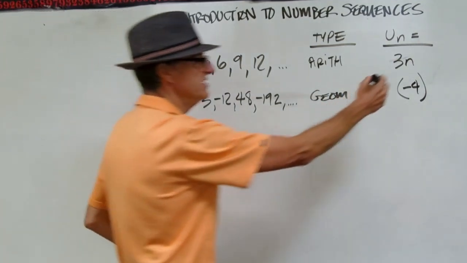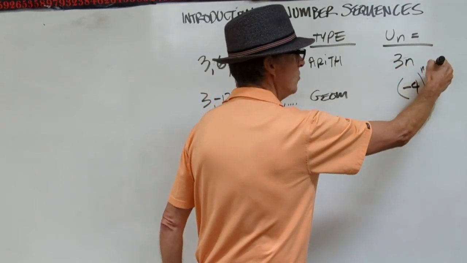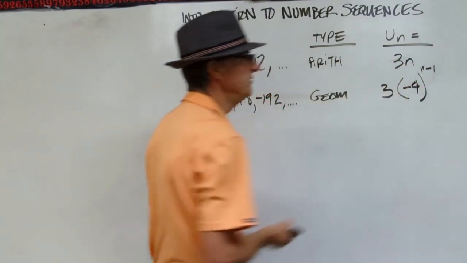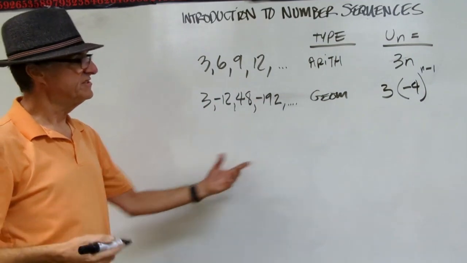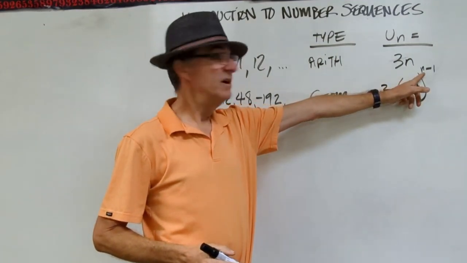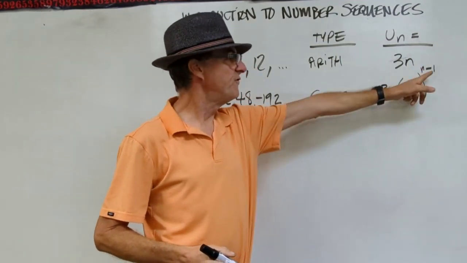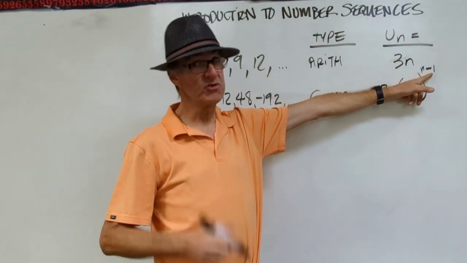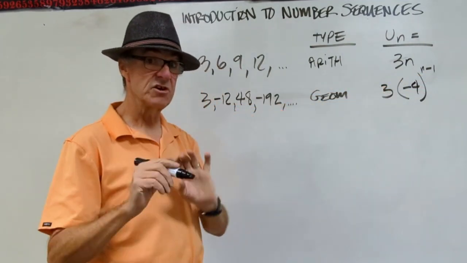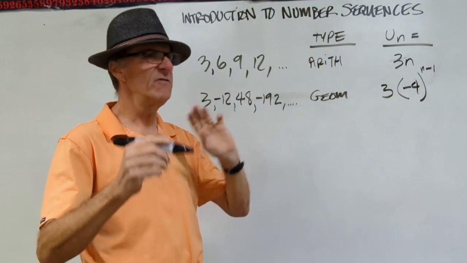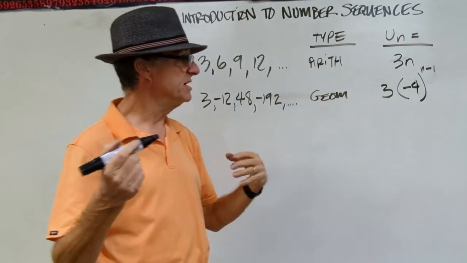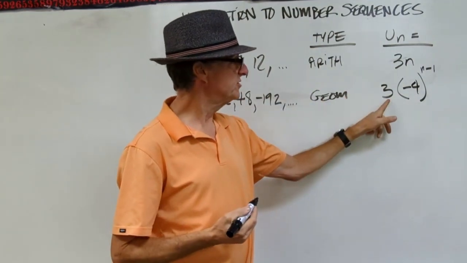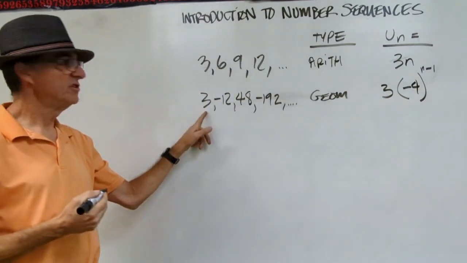What I would do is I'd do n minus 1 and put my 3 out there. So remember, for the first term, this goes to 0. -4 to the 0 is just 1. Anything to the 0 power, doesn't matter if it's negative, positive, pi, whatever that number might be, it's just 1. So times 3 gives us our first term.